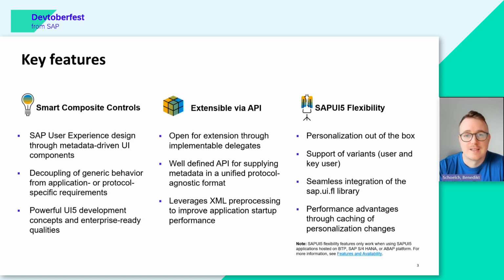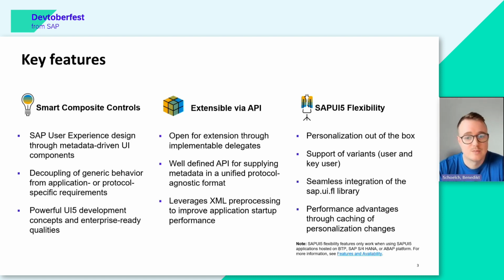At this point, I would like to mention some of the key features of the MDC library. It consists of smart composite controls, which are smart because the well-known SAP Fiori UX design is incorporated in these metadata-driven components. This means you don't have to take care of theming, accessibility, and all those things because they will come out of the box.